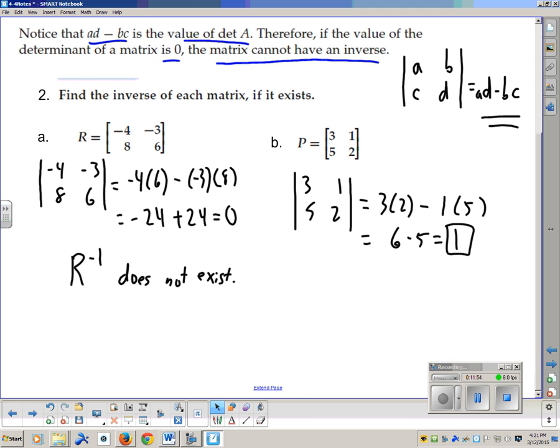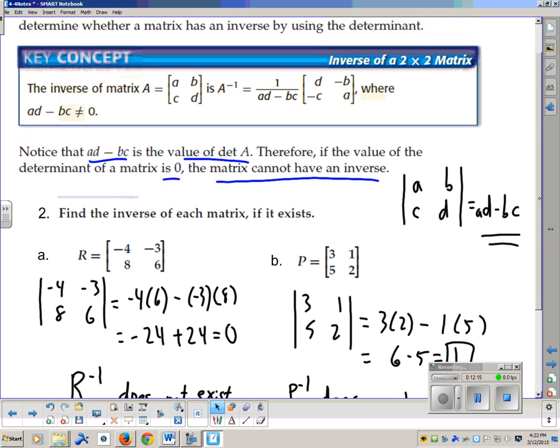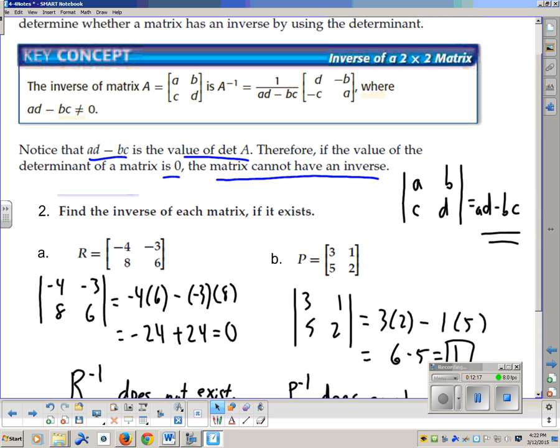Now that I've got a determinant value of 1, we can come up here and figure out that the inverse of the matrix does exist. Since the inverse of P does exist, let's figure out what it is. To find the inverse of matrix P, it says up here in the box where you figure out the inverse.